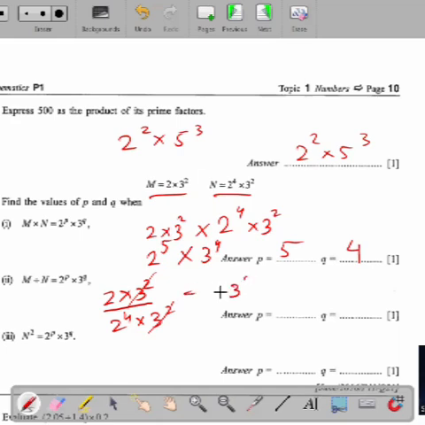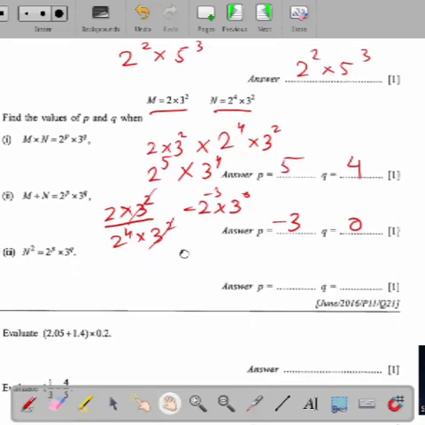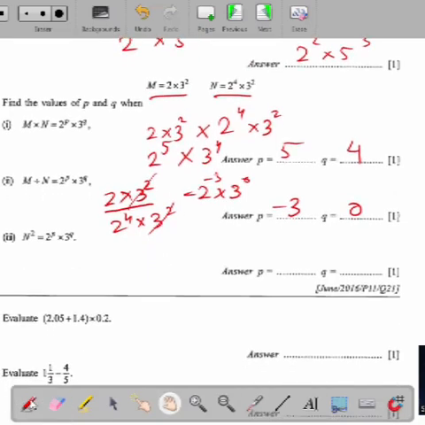Means 3 power 0, multiply 2 with its power -4 below, so it is 2 power -3. So my P is -3 and Q is 0. Now he is saying go for N square. All right, N square is 2 power 4 multiply 2 multiply 3 power 2 multiply 2, so it is 2 power 8. So P is 8 and Q is 4.